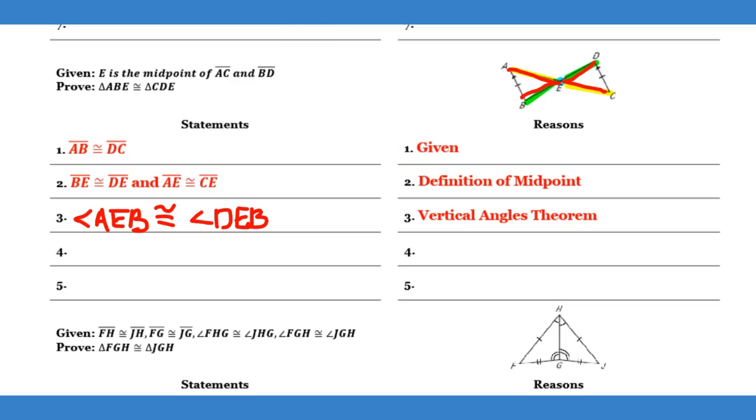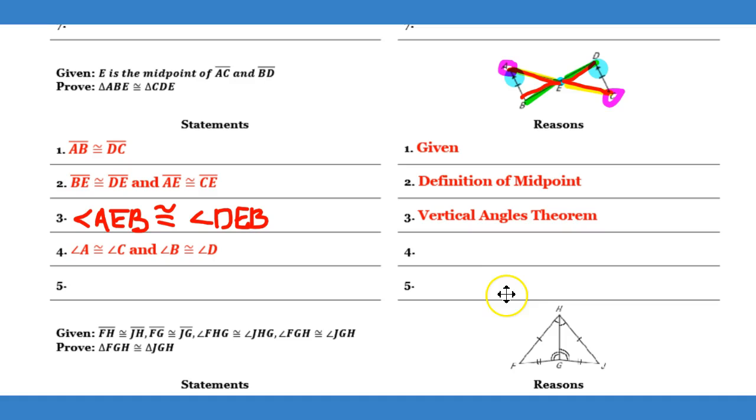Now we've been given this diagram, and I don't know if you noticed, but these two lines, AB and DC, are parallel, which means that I know that angle A must be congruent to angle C, because these are two parallel lines cut by a transversal.